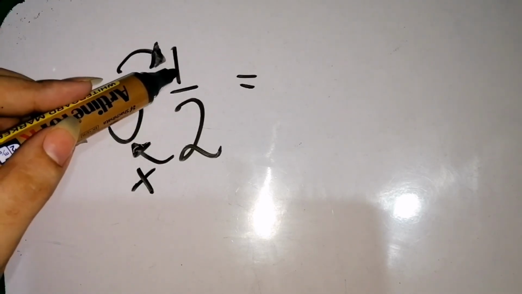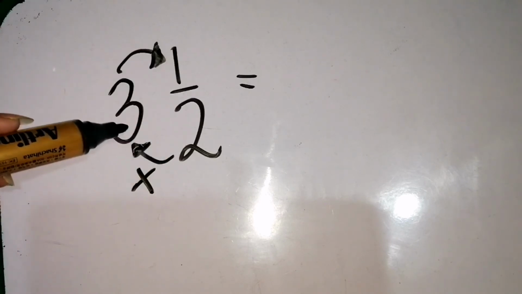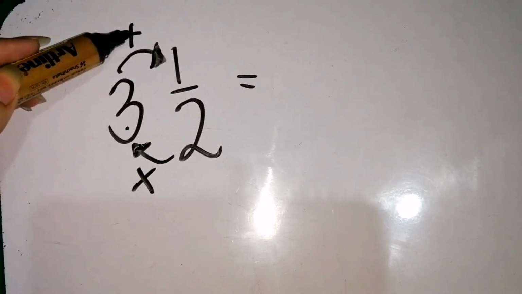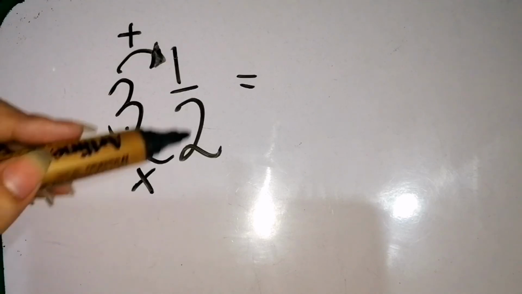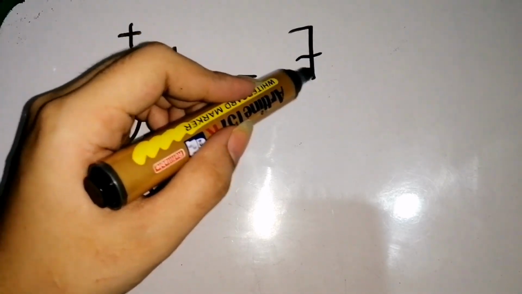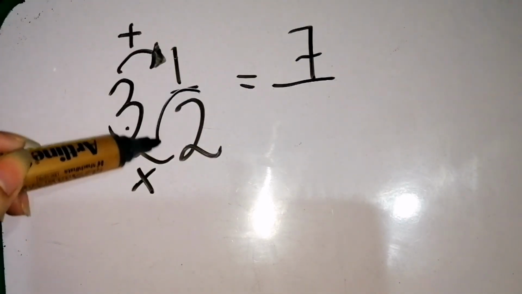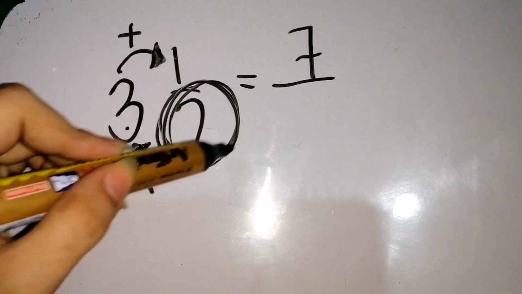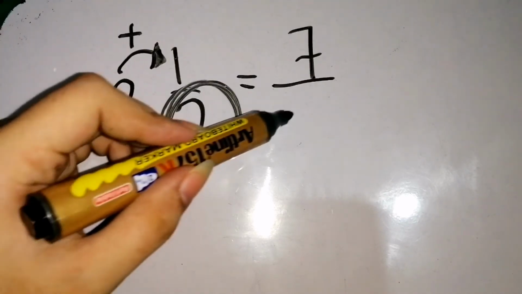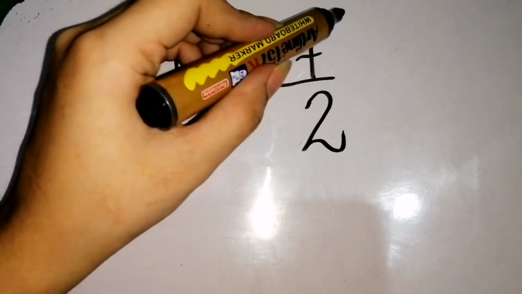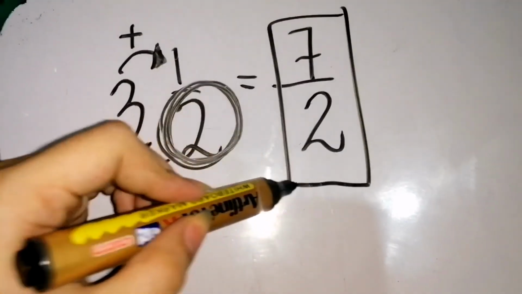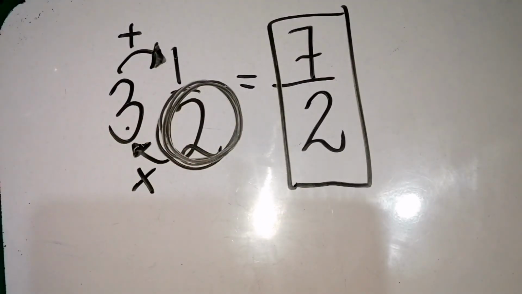So we have a remaining of 1 part, so 3 times 2 is 6, plus another 1, that is 7, out of the denominator tells us the whole was divided into 2 equal parts, so 7/2. Or in short, we are just simply copying the denominator.